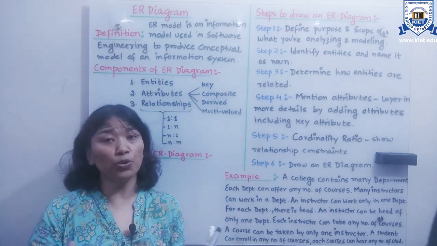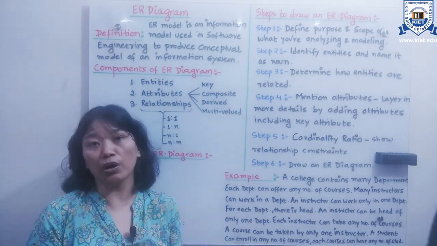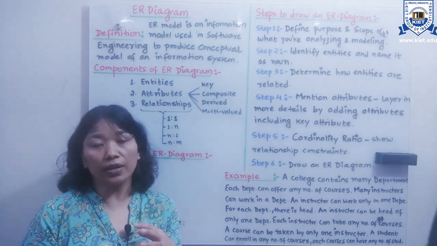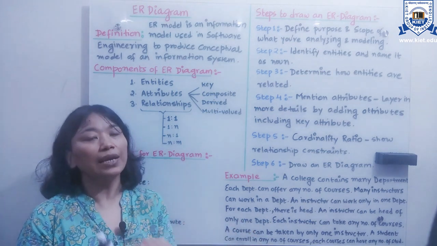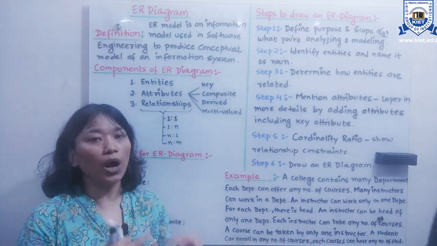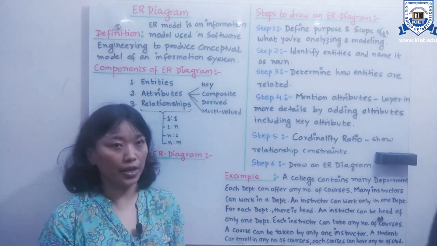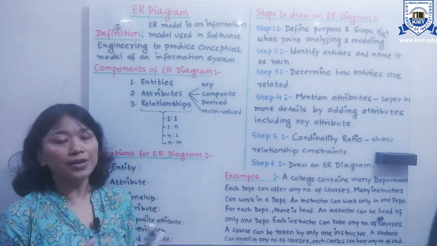There is much more to teach and much more to learn, but we are not going into that deeper sense. We are only getting the general sense, or we are going to only tell you how to draw a simple ER diagram. So what notations are used in an ER diagram?